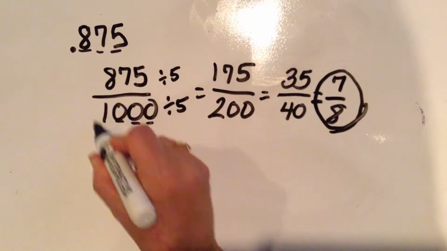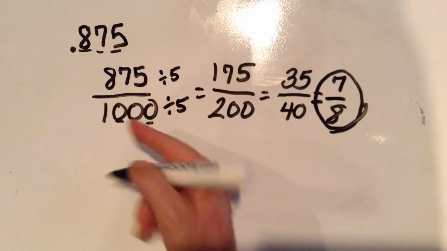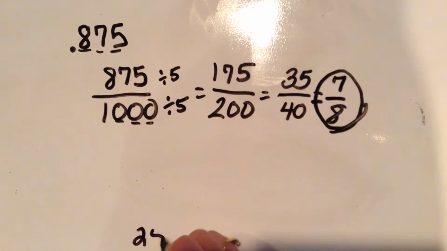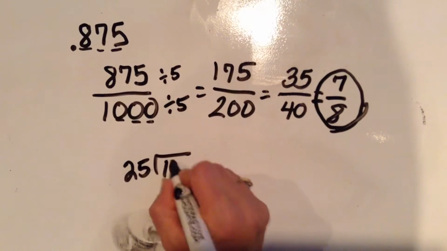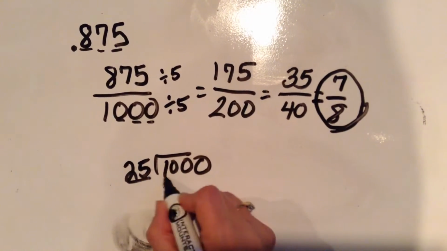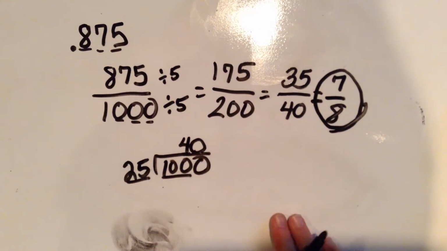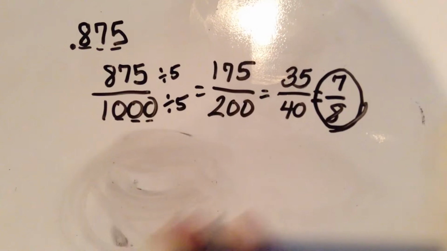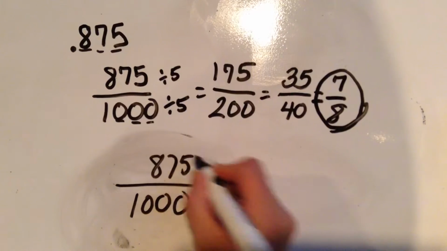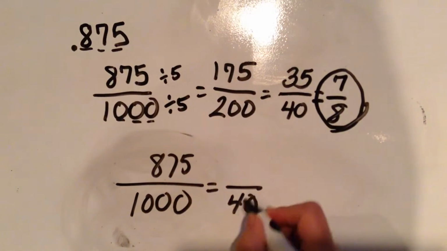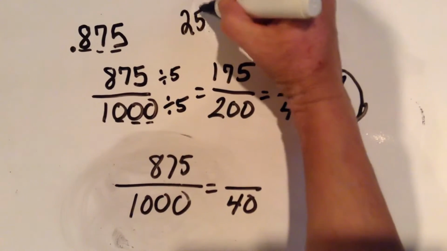So I know 25, so I'm going to do 25. 25 goes into 100 4 times, so it goes into 1,000 40 times. Okay, so I'm going to go ahead and put the 40 here, and I'm going to divide that by 25.